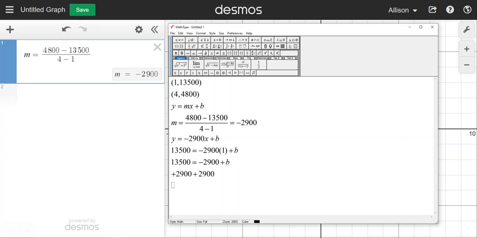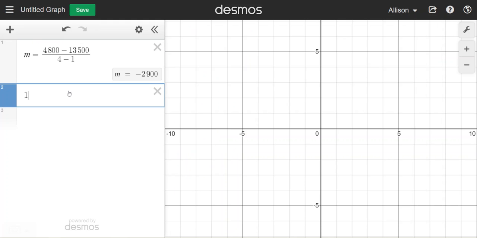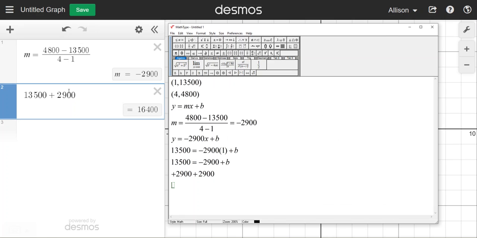All right, and so that's going to give us 13,500 plus 2,900. That's going to give us 16,400, equal to our b value on the side. Those negative 2,900 and 2,900 added to 0, just got b left over there.